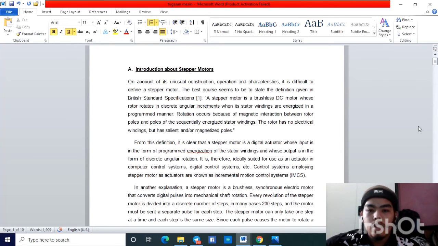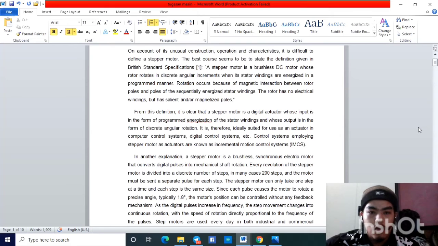A stepper motor is a brushless DC motor whose rotor rotates in discrete angular increments when its stator windings are energized in a programmed manner. Rotation occurs because of magnetic interaction between rotor poles and the poles of the sequentially energized stator windings. The rotor has no electrical winding but has salient and magnetized poles.